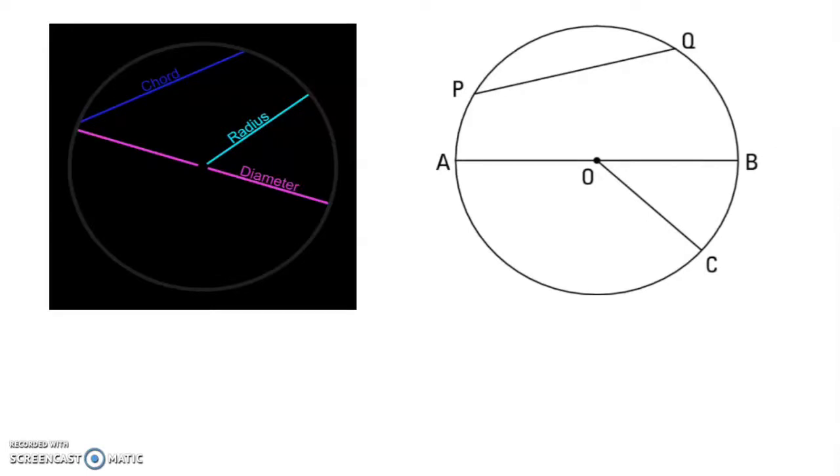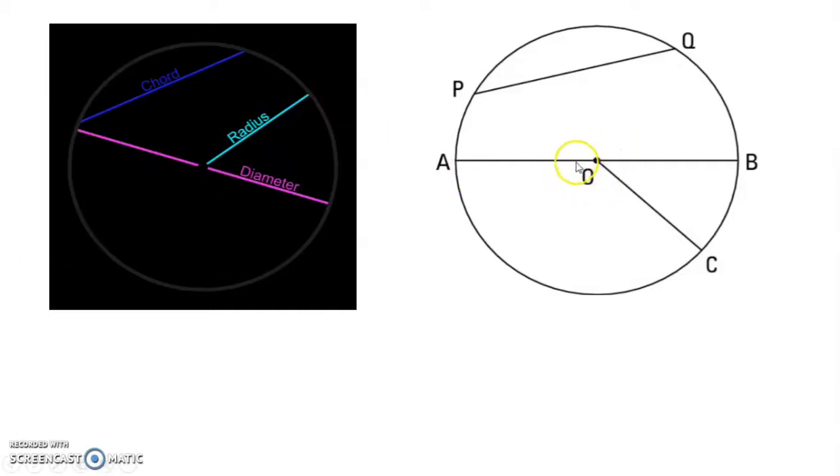We will write down the radius first. But before writing, please keep in mind that whenever you write any radius, chord or diameter, we should always write it as segment and then the name of the line.